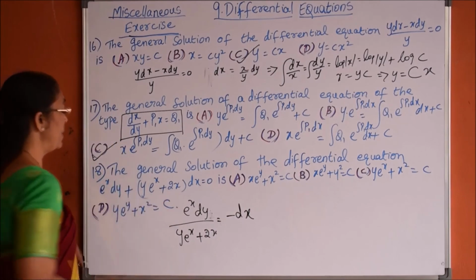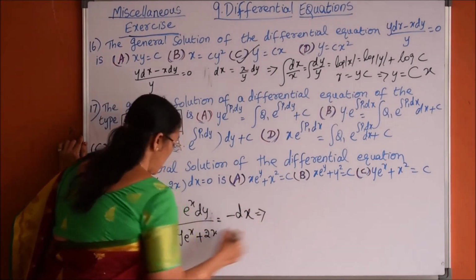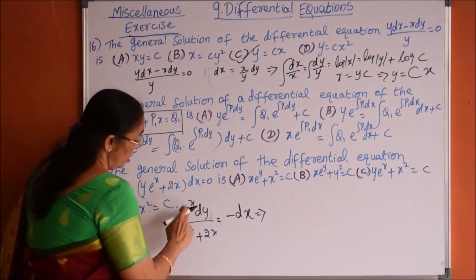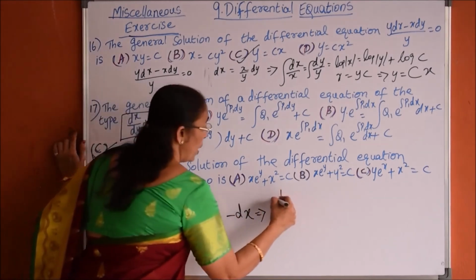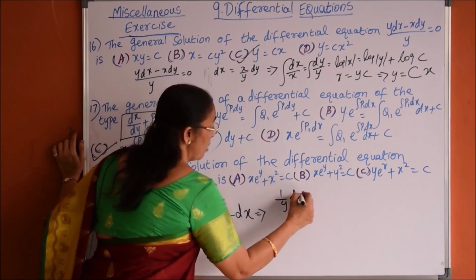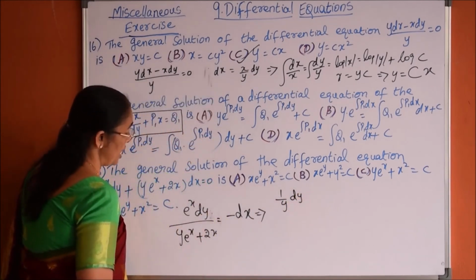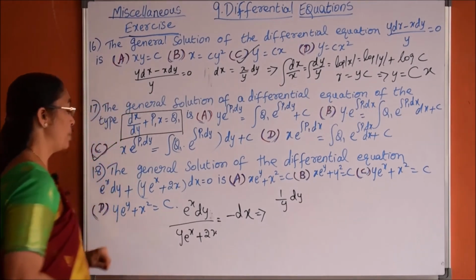Now let us separate these terms. This implies e power x dy divided by y e power x, e power x gets cancelled, 1 by y of dy, 1 by 2x of dx. No, variable separation is not possible.